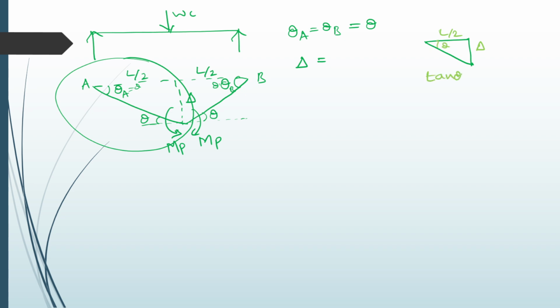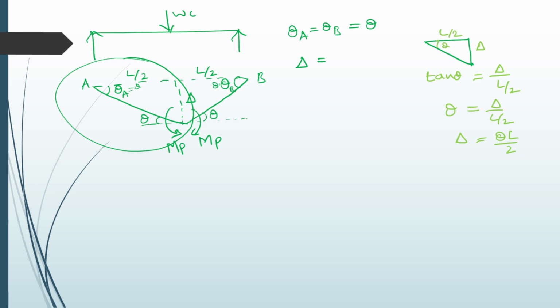Tan theta equals opposite by adjacent side. Theta is very small compared to the whole structure, so tan theta is converted into theta: delta divided by L by 2. So delta equals theta into L divided by 2.